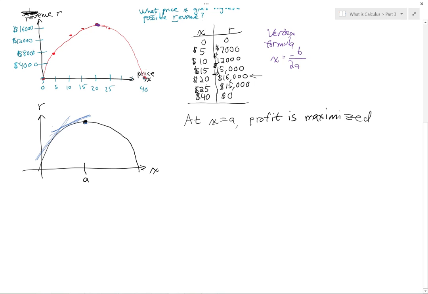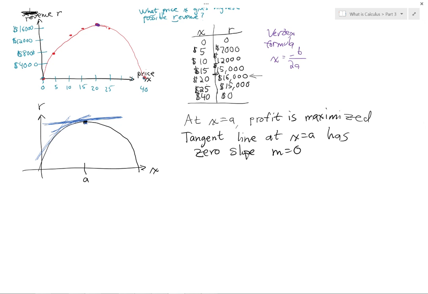What can we say about that tangent line when we're at a maximum? It has a zero slope. Right? That's going to be the key. We want to find the value of x that gives us a zero slope.